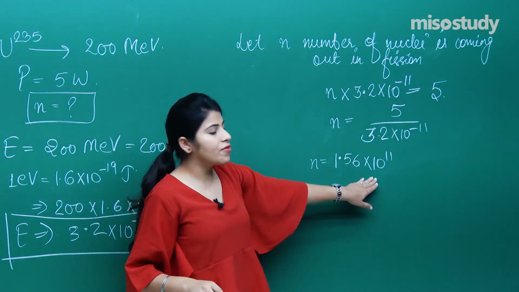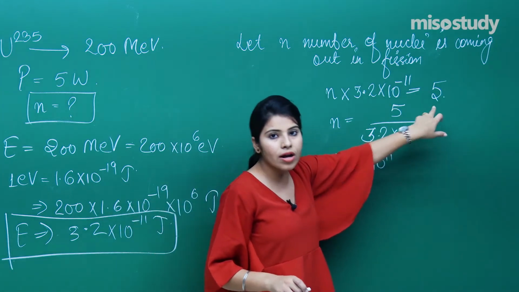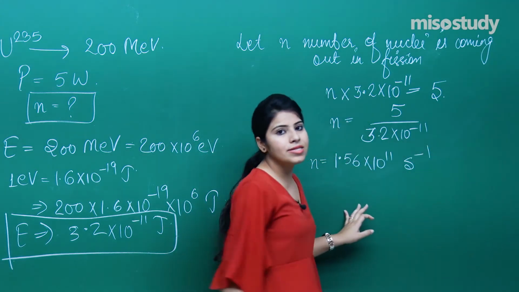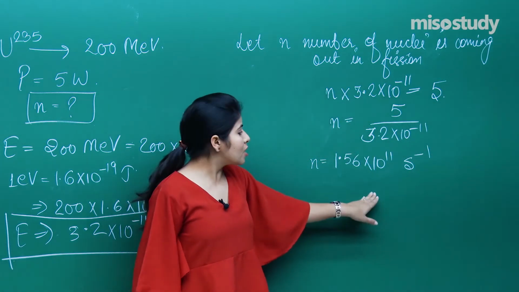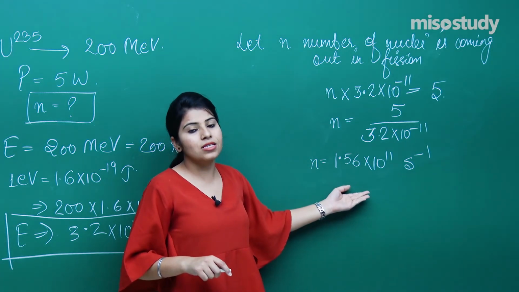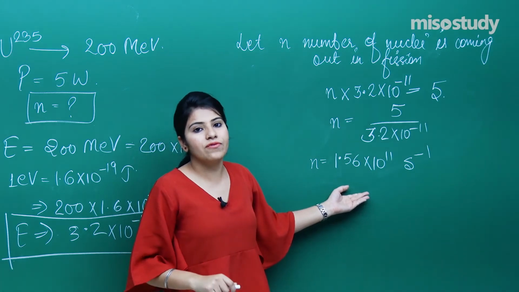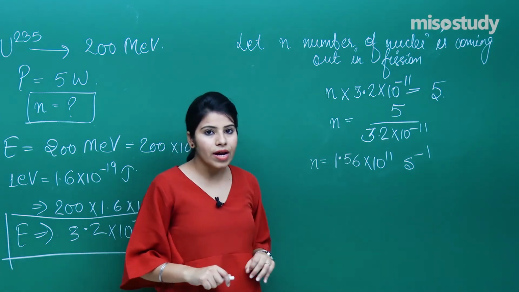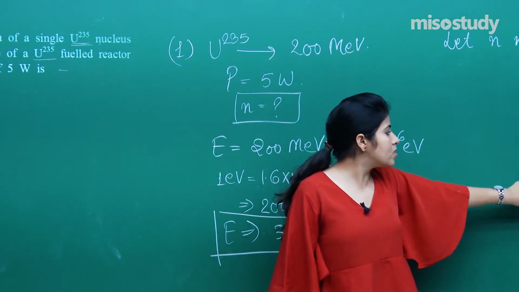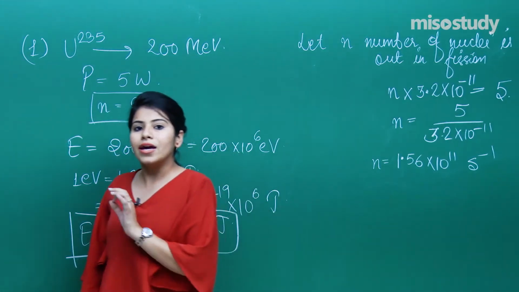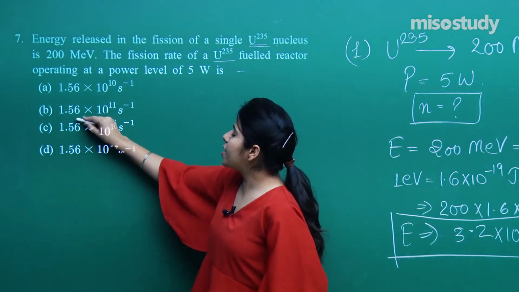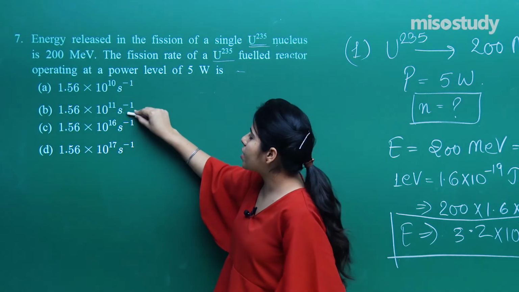So definitely if we are speaking about the power and the fission rate, that should be per second. So this many nuclei are coming out per second. That means this will be the rate of the fission, right? So this is how we find the rate. Now let me check. My answer is 1.56 into 10 raised to the power 11 per second. So yeah, I can see here B is the correct answer for this, and I am going to tick it.